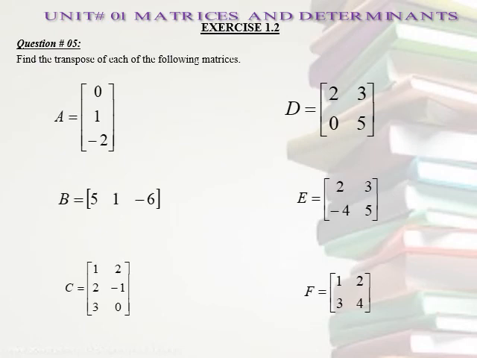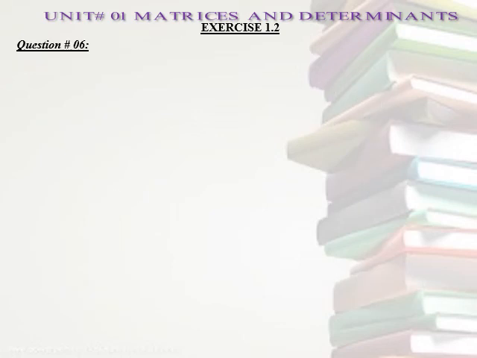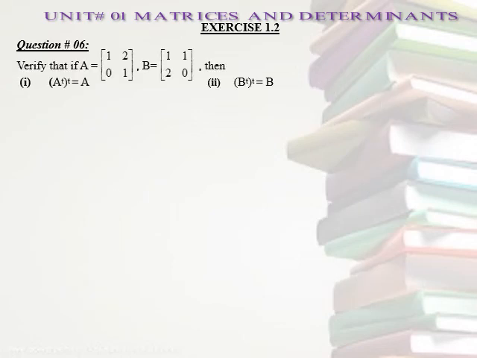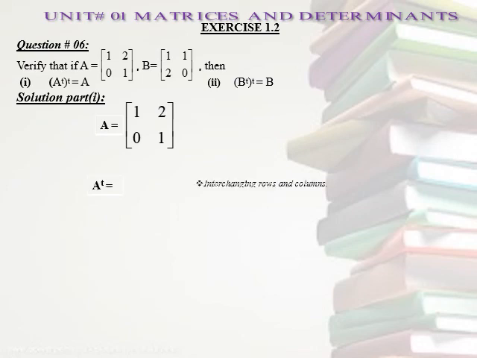Now, this is question number 5 of your exercise 1.2. Find the transpose of each of the following matrices. Do this question by yourself. So students, here is the last question of exercise 1.2. Two matrices are given and I will solve only the first part of this question for you. As this is our matrix A, let's take its transpose by interchanging its rows into columns or columns into rows.